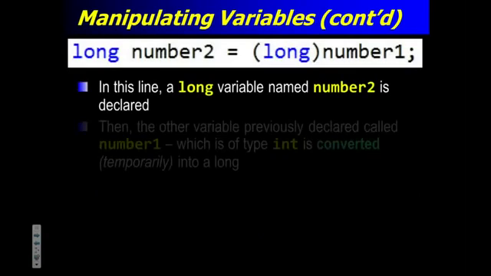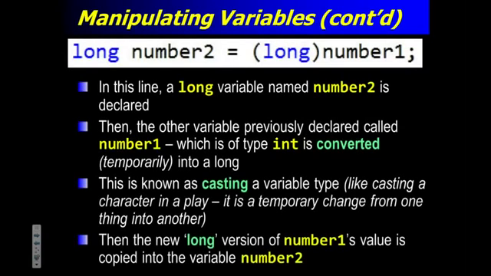Okay. Then the three lines I did after that had this weird syntax where it put something in brackets. Okay? This is called casting a variable. The analogy I'd give is if you ever took drama, and all of a sudden you're playing a doctor in a drama production, you're not really a doctor, you're just playing a doctor.